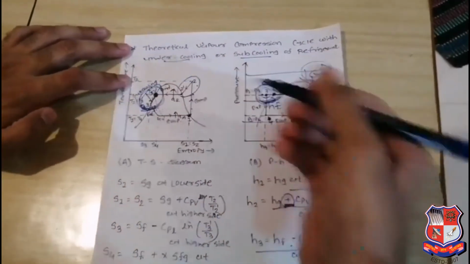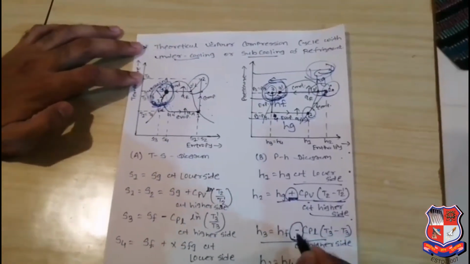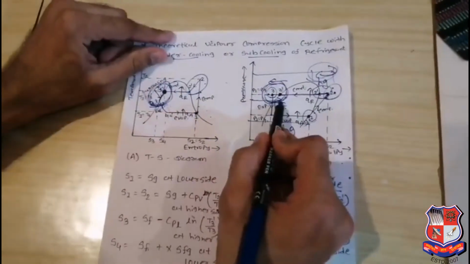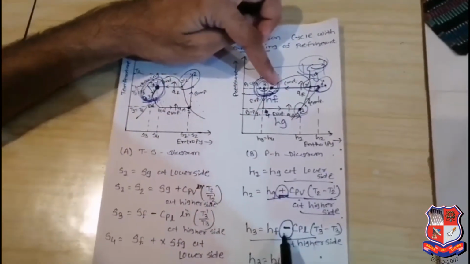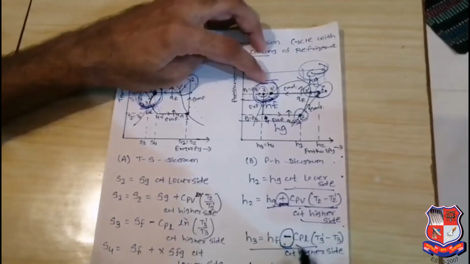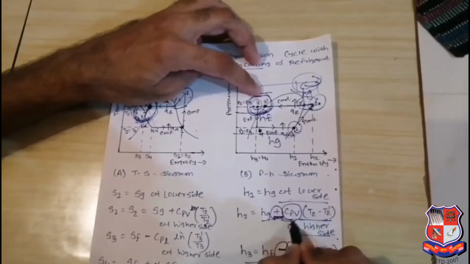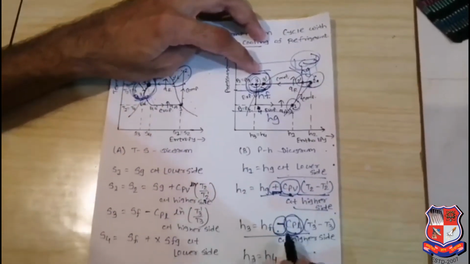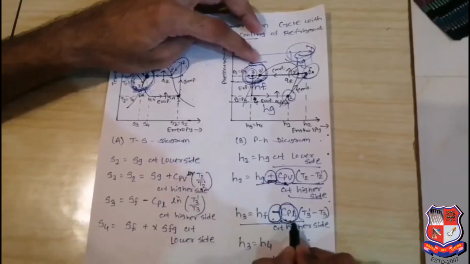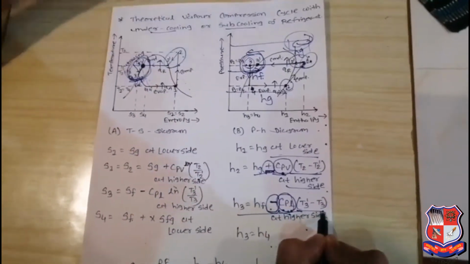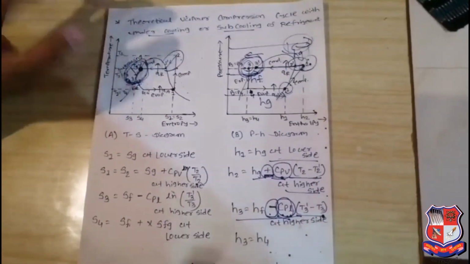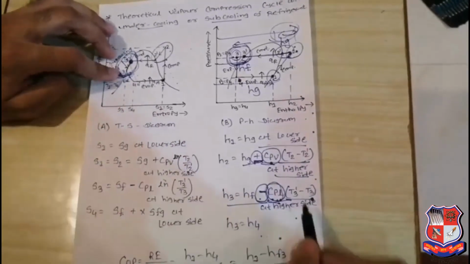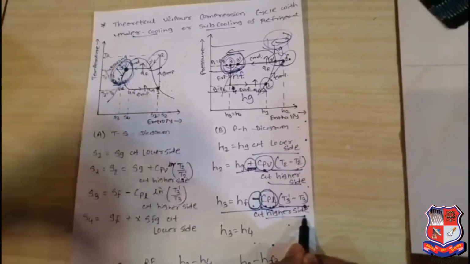So H3 is equal to HF minus, in a similar way, CPL times the temperature difference. CPV, the specific heat of the vapor, is used in the superheated region, and in the subcooling region the specific heat of the liquid, CPL, is used. In the TS diagram the temperature difference is T3 dash minus T3 at the higher side. Then H3 is equal to H4, which you can easily find.